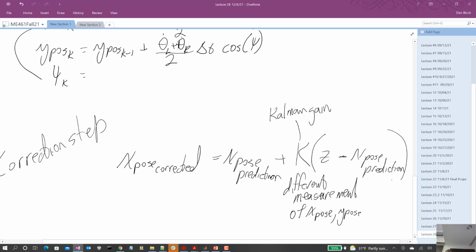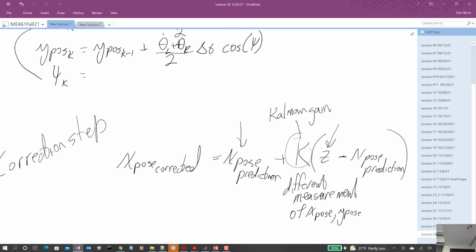So what do we have here? We are saying, this is what I think I'm at. Now this other measurement, the camera, the GPS, or whatever, says, no, I think you're here. So we find the error between what the measurement gives us and where we think we are with our prediction model. We multiply this by this magic gain K, and we have an improved, corrected X pose.